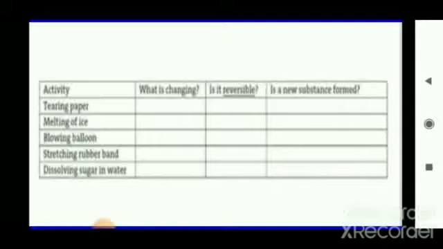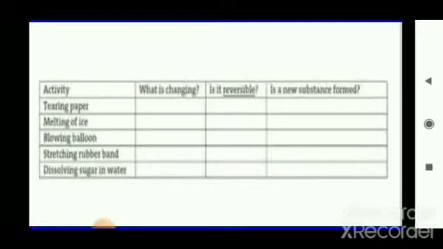Think about the examples. Examples of reversible may be rubber band, like if we blow air into a balloon, right? If we blow air into a balloon and the balloon bursts, then it is an irreversible process. Okay? But if we blow air into a balloon and leave the balloon, then the balloon comes back to its original shape. Then it is a reversible process.